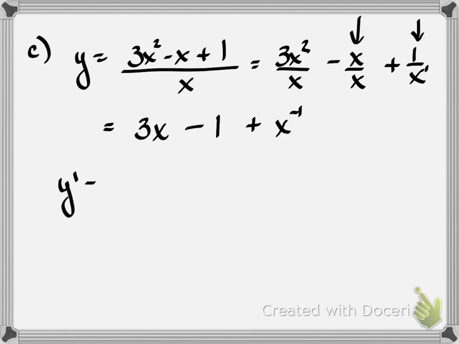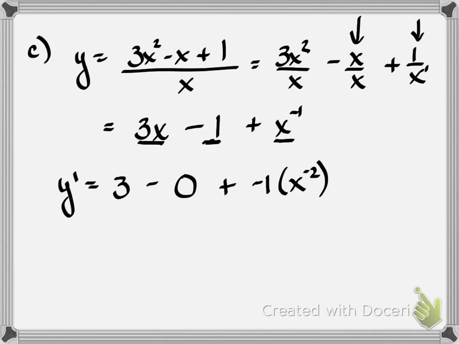So y prime, the derivative of 3x is just 3, minus the derivative of a constant is 0, plus the derivative of this, that power comes down to the front, and it's x to the 1 less. I didn't really need those parentheses. So this is 3 minus 1 over x squared.